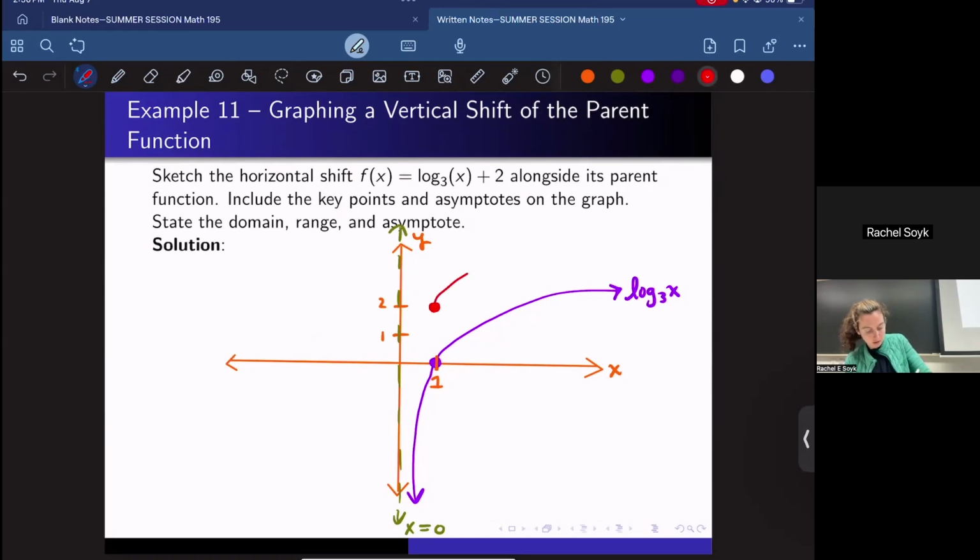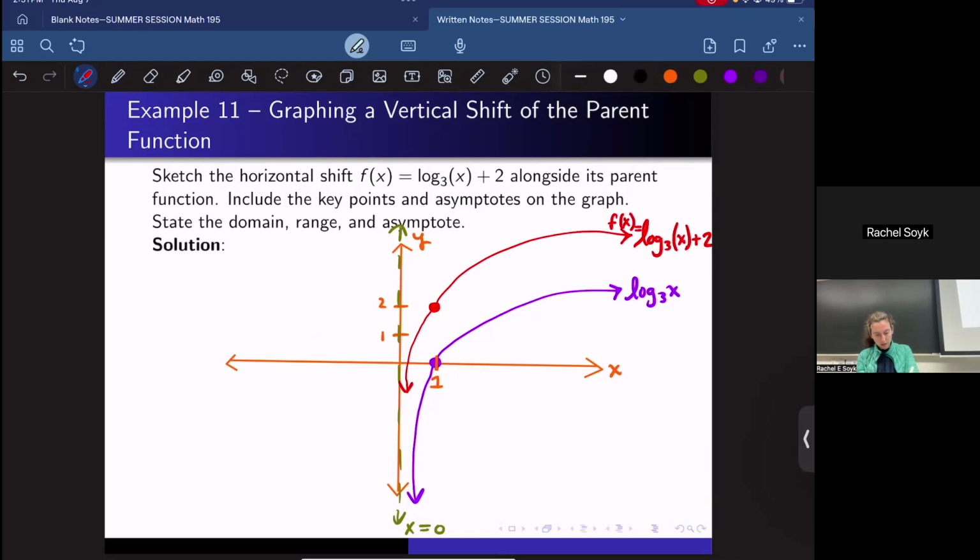And so now it's just going to be that. That's it.